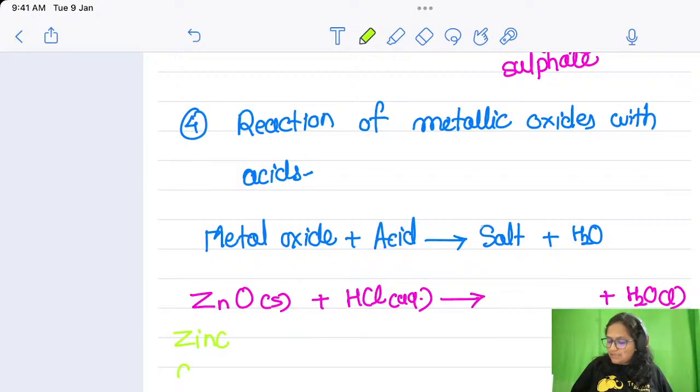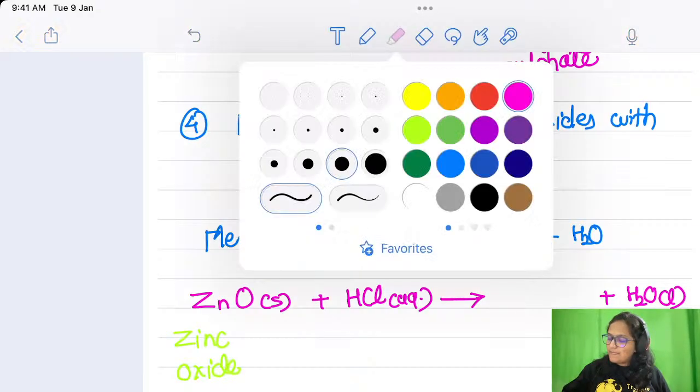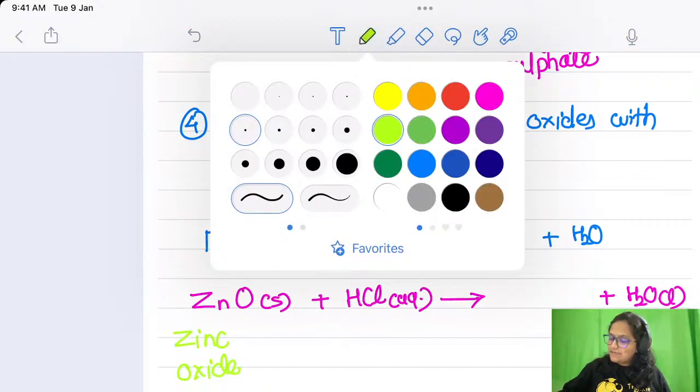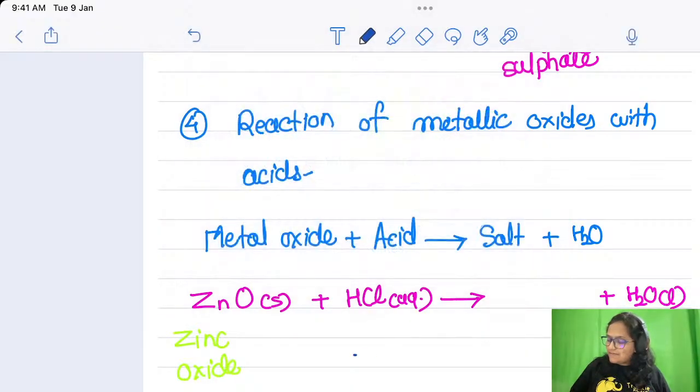Zinc is a metal, ZnO is the zinc oxide, right? So after loss of water, what is left? Oxygen from here, hydrogen from here. After loss of water, what is left? The zinc is left and Cl is left.